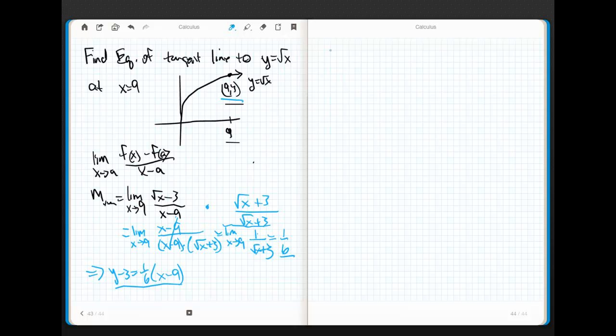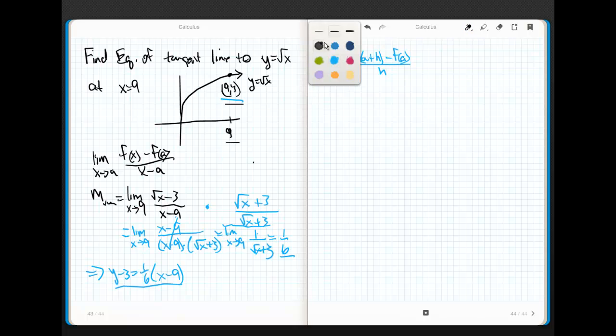Now, let's actually go through the process with the limit as h goes to 0 of f of a plus h minus f of a all over h. Remember, students often freak out and say, wait, what's going on with this h thingy? Well, what was h? H was the value when we went on our fishing expedition.